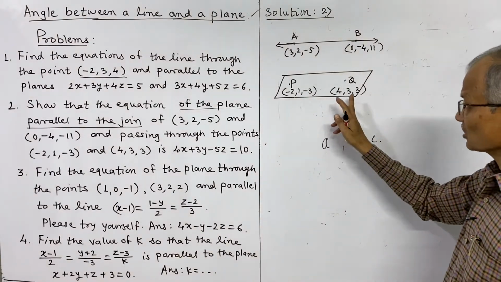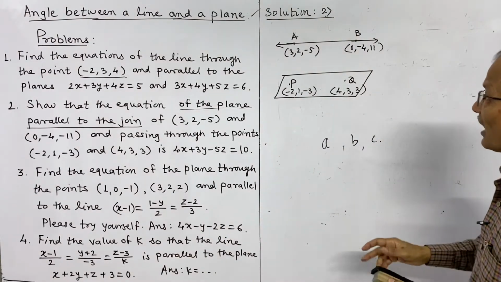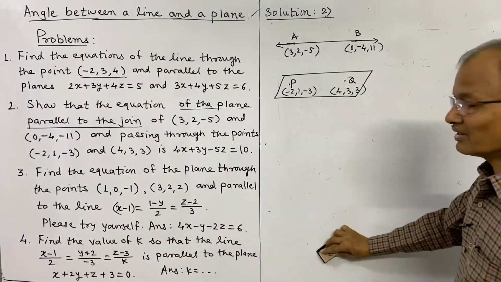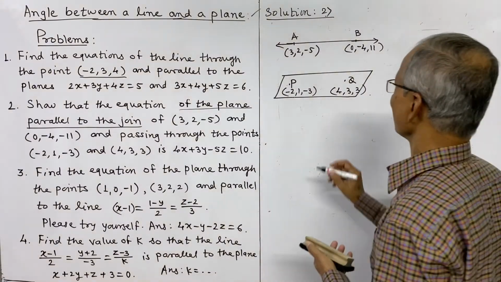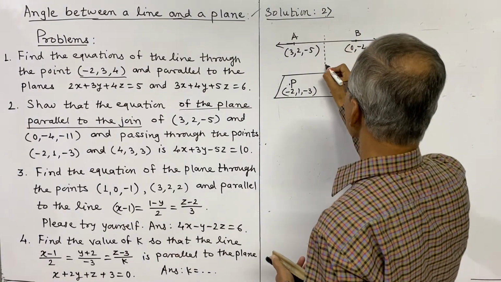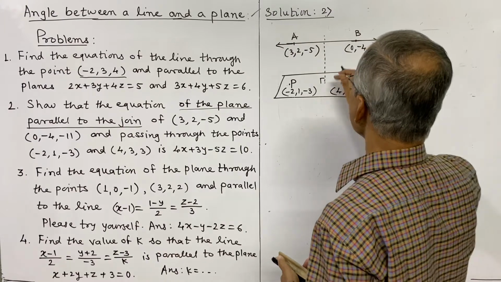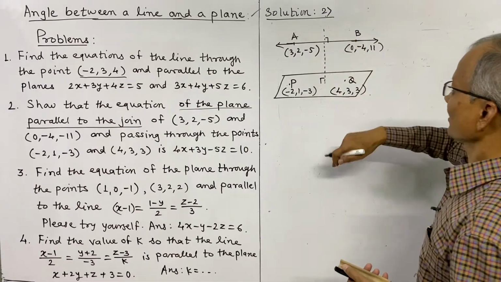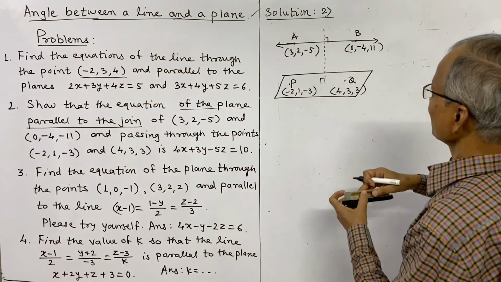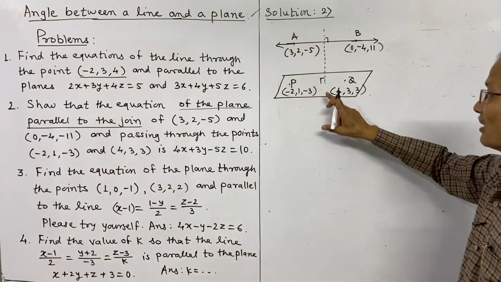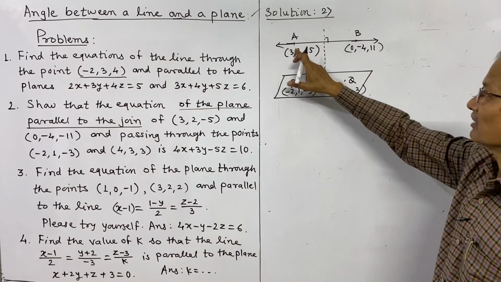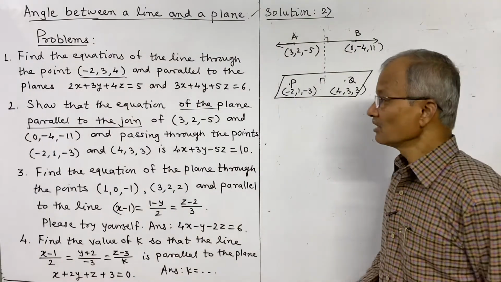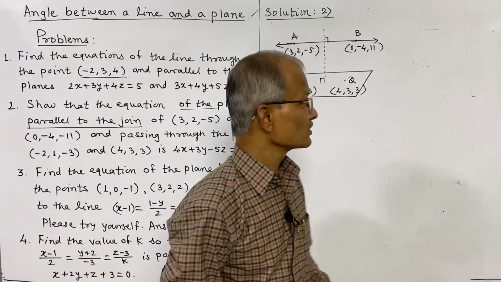Then use the condition that the other point also lies on the plane, and then we use the relation between the normal to the plane and the line. This is the normal to the plane, and that normal is perpendicular to the line. So we can obtain the DRs of the line and use the perpendicularity condition. In this way we can solve this problem.